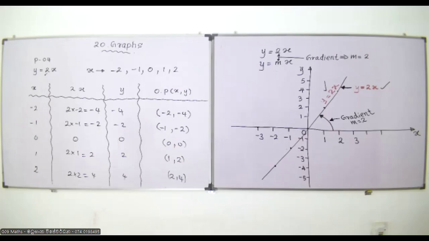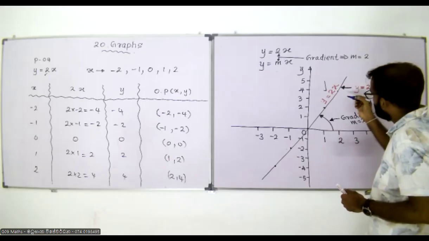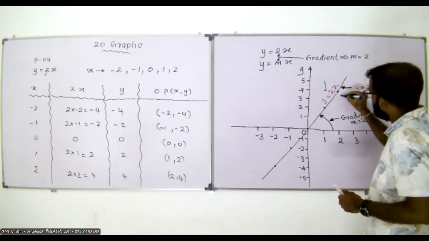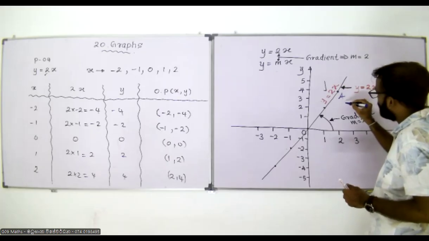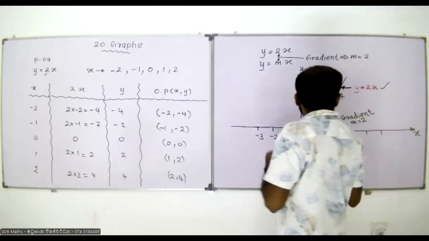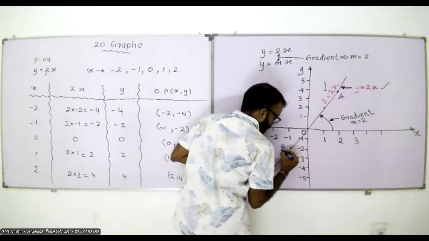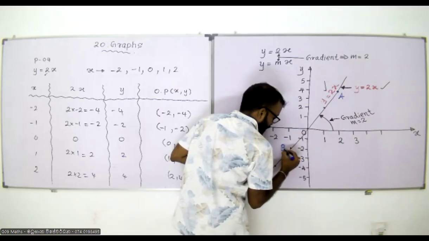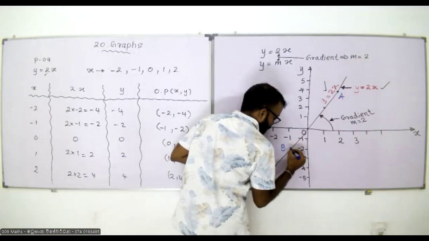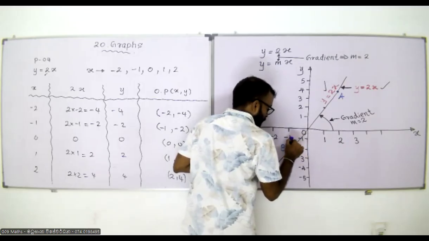I will mark 2 points now. So I will take this last point, this top point as A, and this point as B. Put a mark.